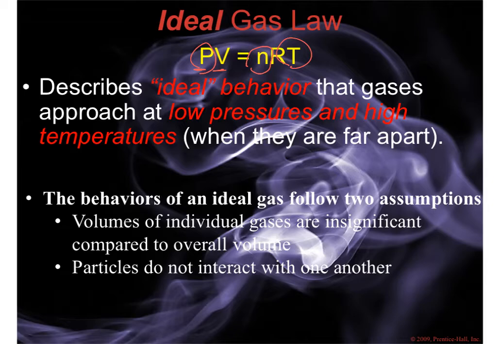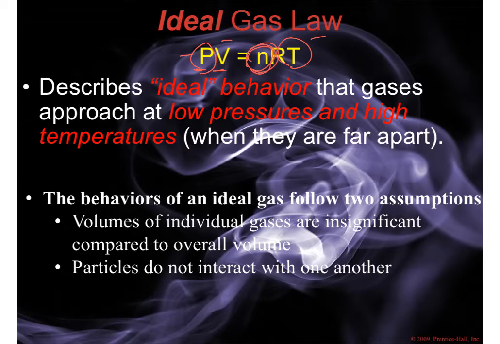But what's different about the ideal gas law is we use it when we are given one set of conditions for a gas. So you may have a problem where you're given pressure, volume, and temperature and asked to solve for the number of moles, okay?